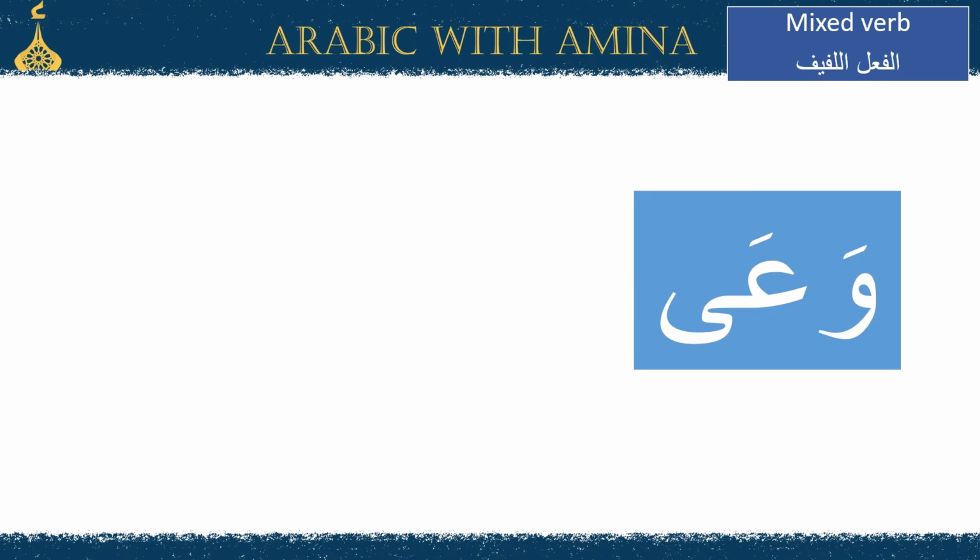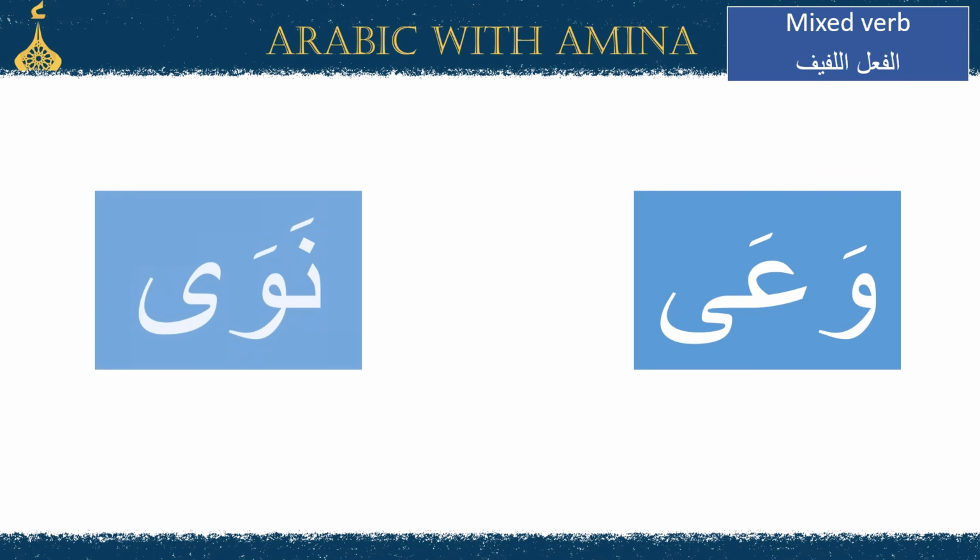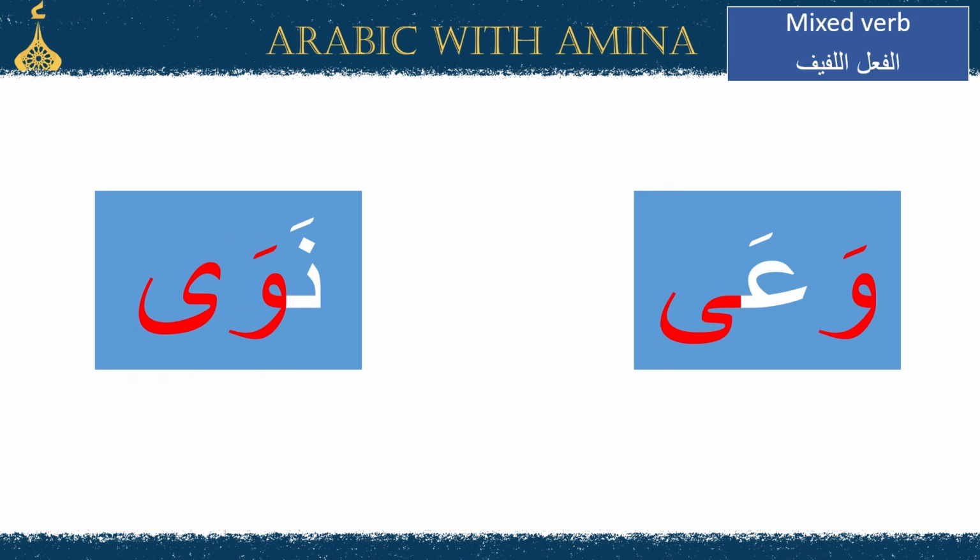Examples of this type of verb are وعى, to be aware, and نوى, to intend. We can see that الفعل اللفيف has 2 weak letters in the root.